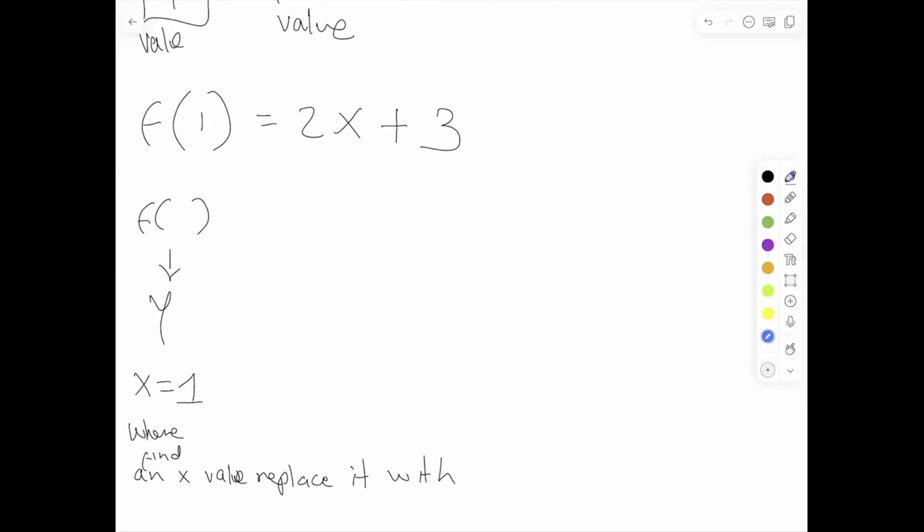What am I going to replace it with? With 1, right? So 2 parentheses plus 3. What am I going to put in the parentheses? The 1. So now, if I solve this, 2 times 1 is 2 plus 3 is 5.